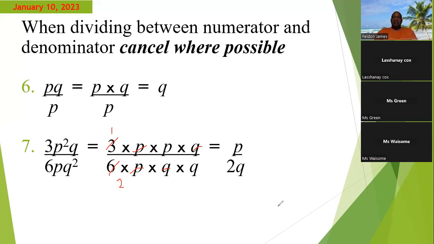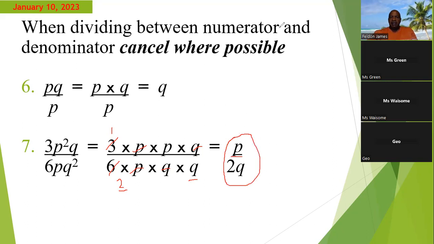Is there anything else left to be canceled in this? No, sir. Right, so what we do, we just write whatever remains in the numerator after we cancel. So we have 1 times P, gives you back P in the numerator. And we write what remains in the denominator. So we have 2 times Q, gives you 2Q in the denominator. And so after you cancel, then it would simplify to this.